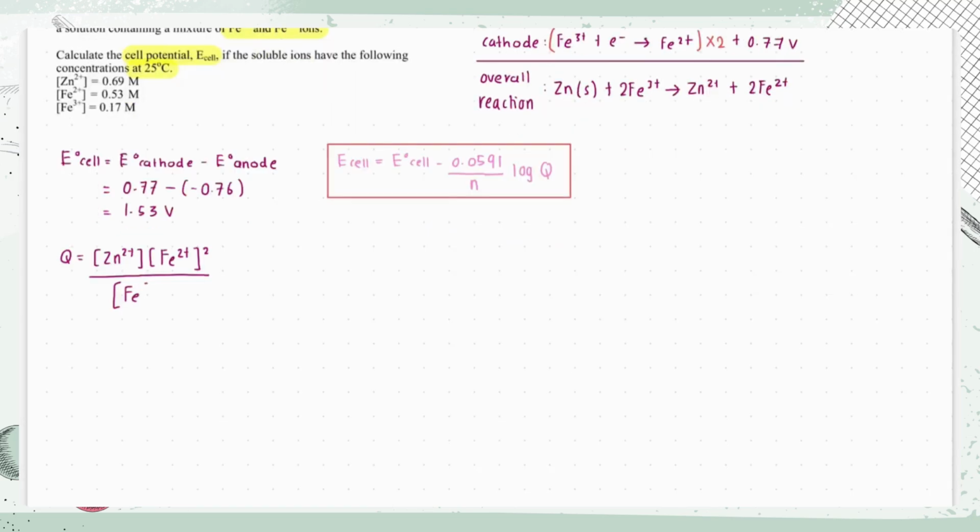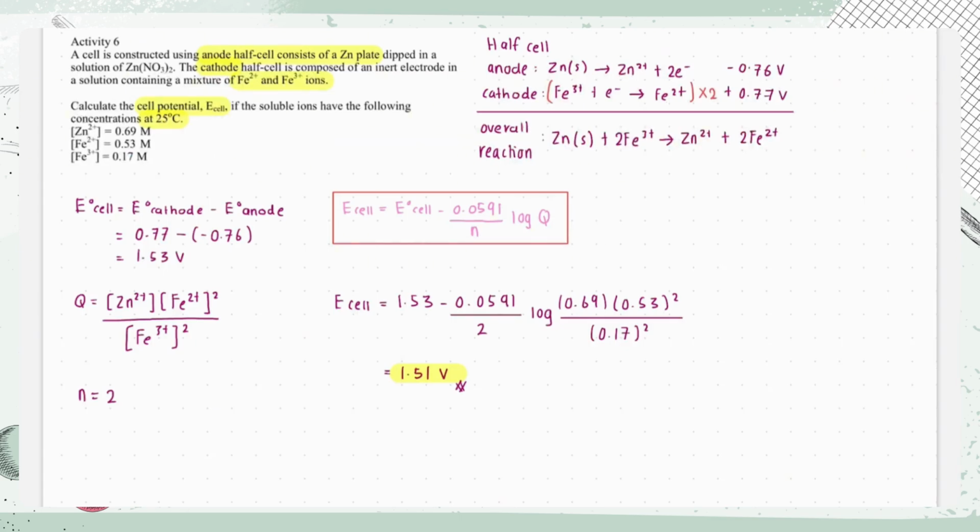In the equation, Q is the reaction quotient, while n is the number of electrons transferred, which is 2. Finally, we substitute the values into the Nernst equation. After calculating step by step, we find the cell potential is approximately 1.51 volt.